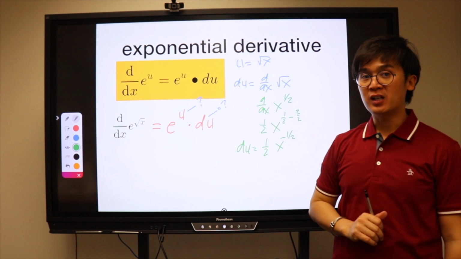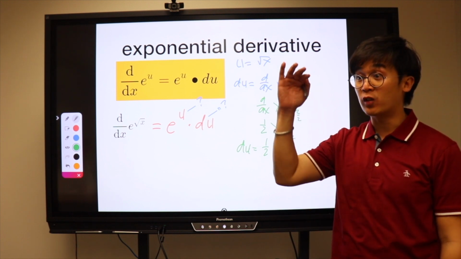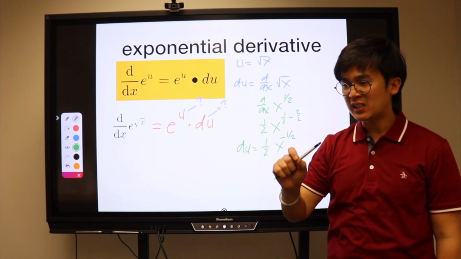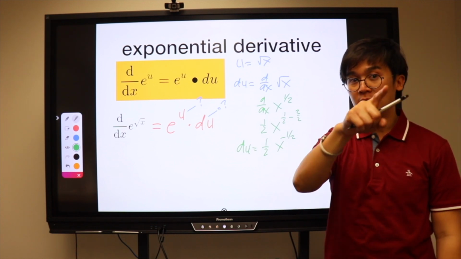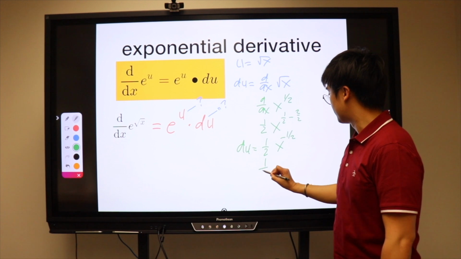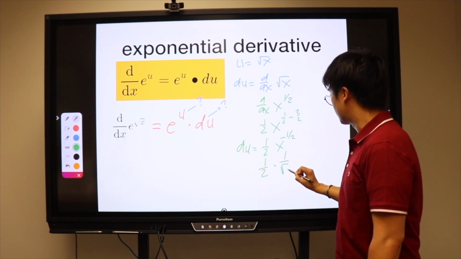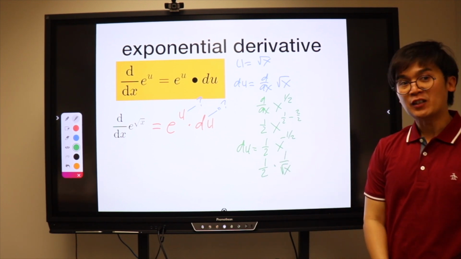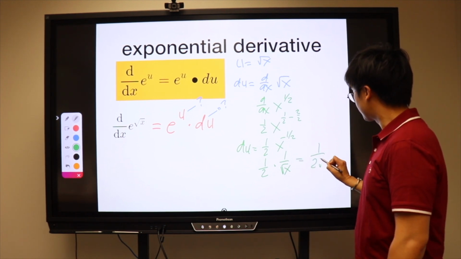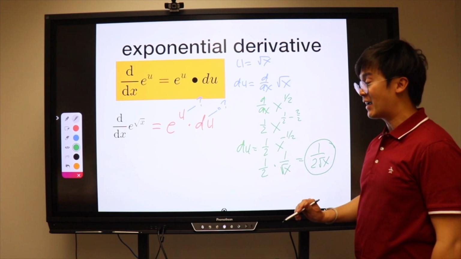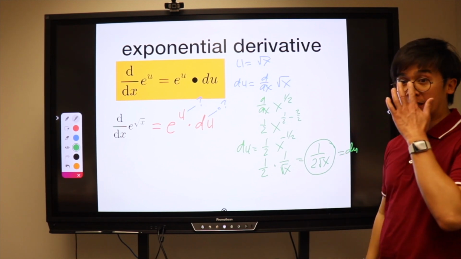Yes, flip it and put it in the denominator. It's going to turn into 1 over x to the 1/2, right? And what is x to the 1/2? Radical x. There. Can you still make it prettier? Yes. And that is your du.